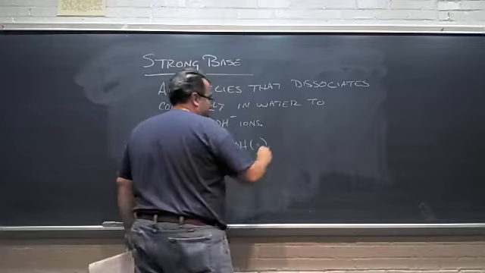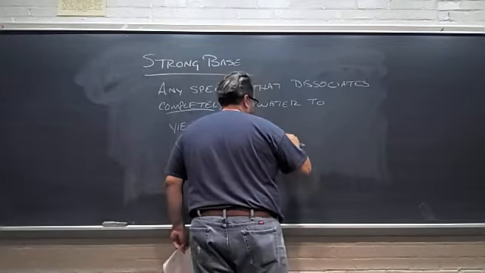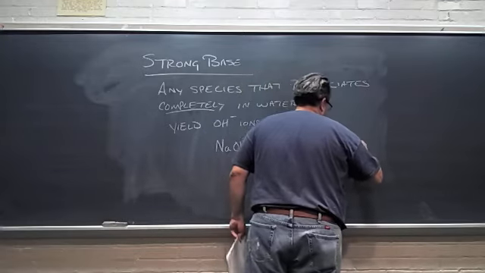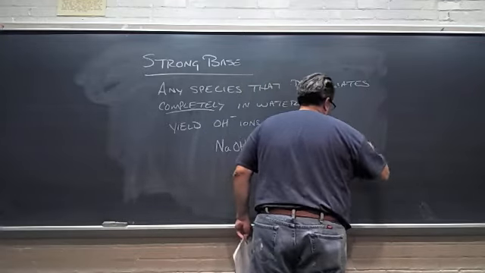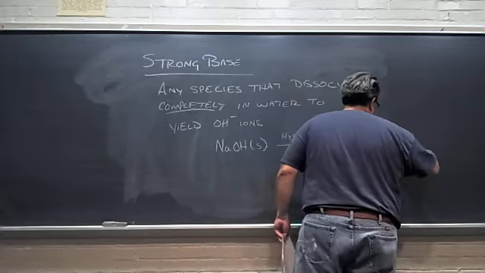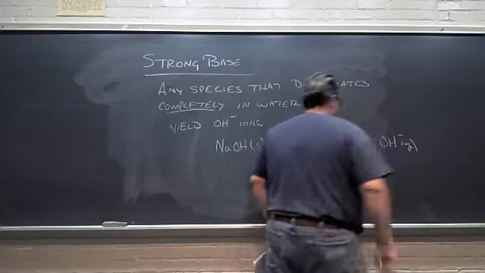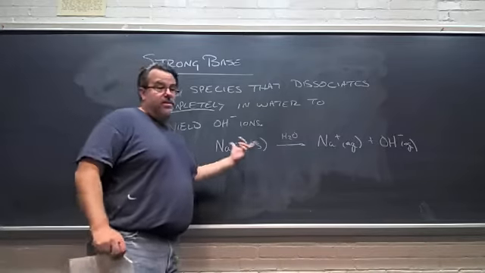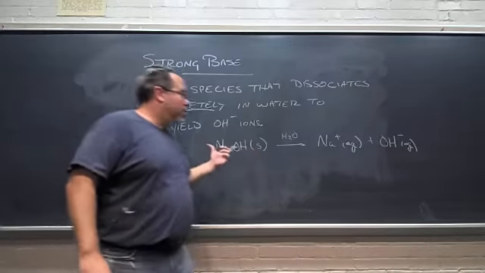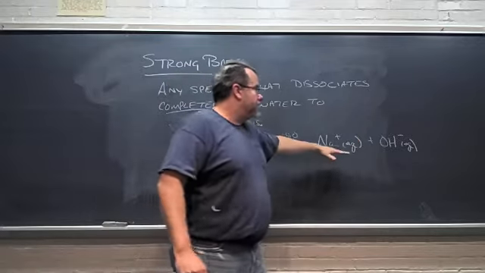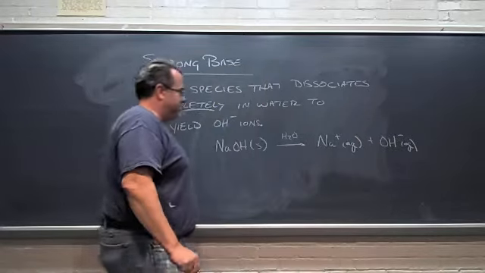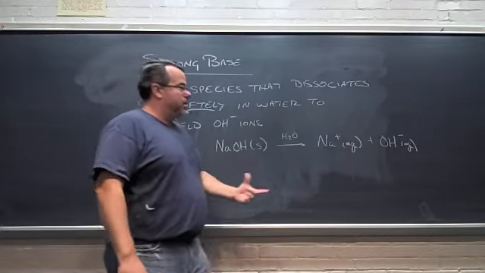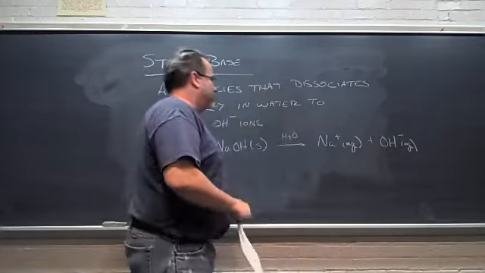I'm going to write this as a solid. So if you've got something like sodium hydroxide, this is soluble. When you put it in water, it's going to dissociate completely to give you sodium ions and hydroxide ions. And again, the stoichiometry is such that 1 mole of sodium hydroxide gives you 1 mole of hydroxide ions.